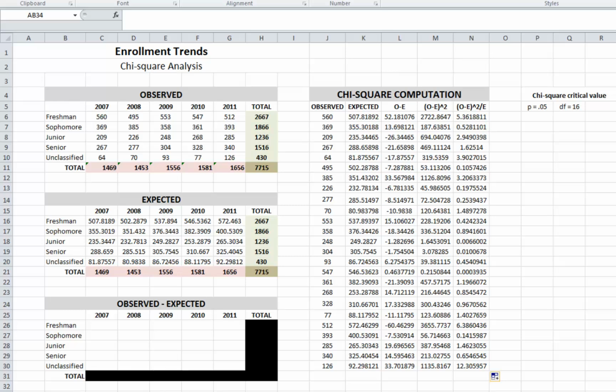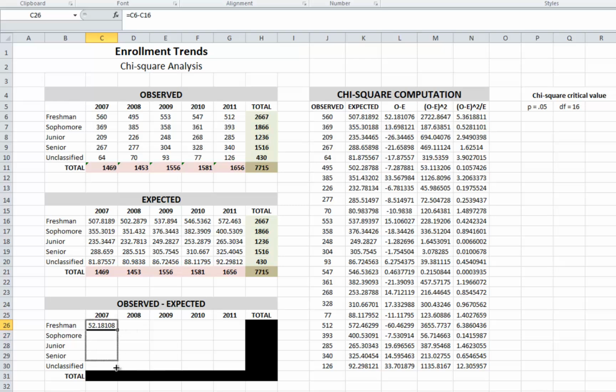Now I'm going to do a couple more things just so you can see each additional step. So in the observed minus expected here, we could do it one of 2 ways. I'm going to use a formula. I'm going to use the tables above. So to figure out this value, it will be just the observed minus the expected right there. And again, that's the same as the top of our observed minus expected in our columns there on the right.